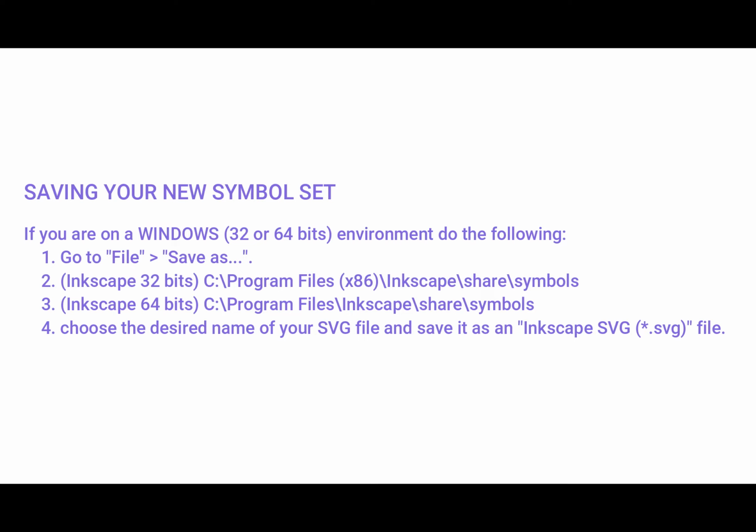This is where you will have to save your file so that you can easily access it each time in Inkscape. If it's 64 bits, then you go to C, Program Files, Inkscape, share and symbols, and then as usual you choose your file name as you want .svg and you save it.